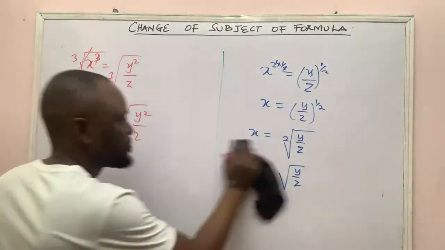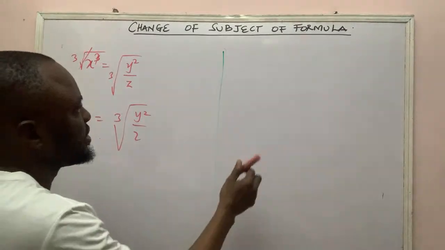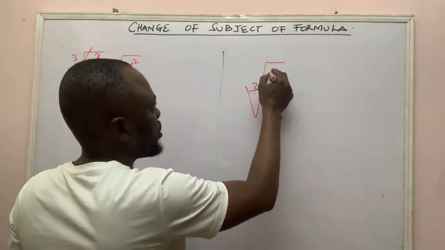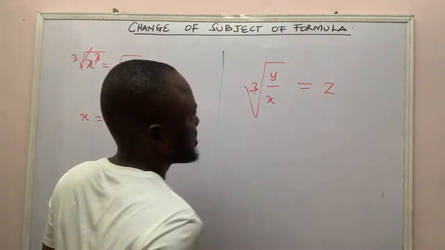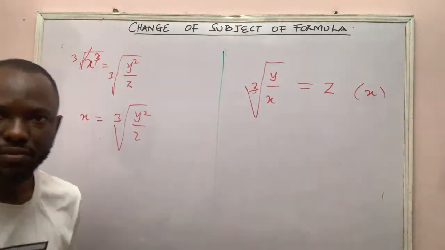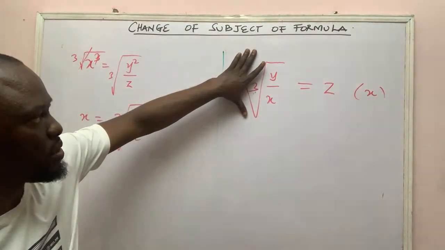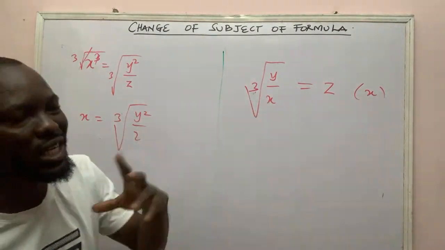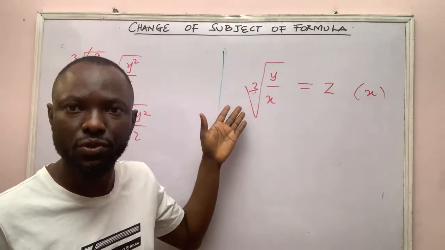Now, what about if we have it in their radical form? If I have the square root or the third root of y over x equals z, and the question says I should make x the subject. Now, this is in the root form or in the radical form, and I want to make x the subject of the formula. So what I should be looking at is that I need to get rid of this root.